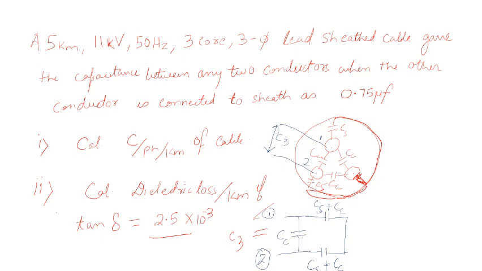You have to aim to get C per phase. If you get C per phase, you can calculate the rest. If you have done the previous problem and the first two experiments, and you understood them, then I hope you can solve this problem.